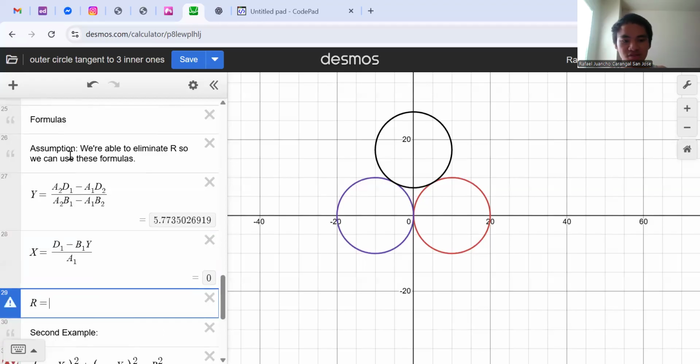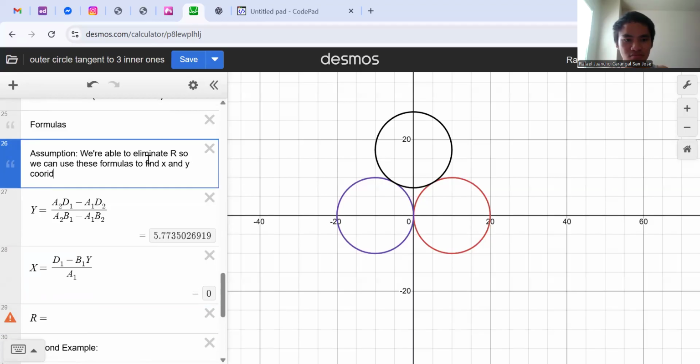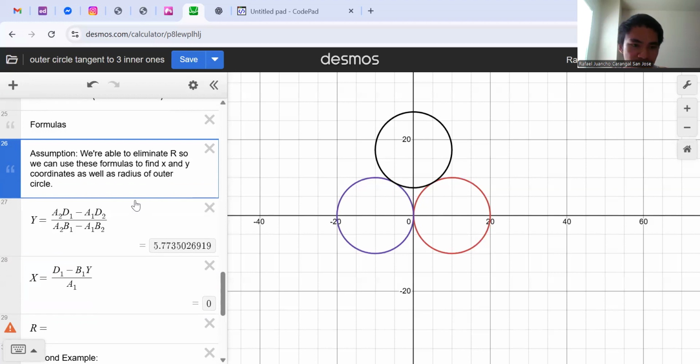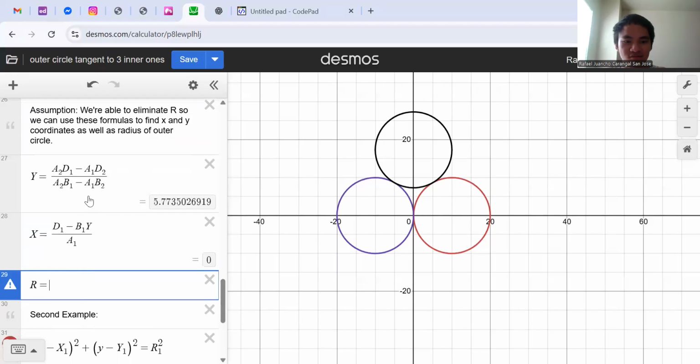So my R is the radius of the outer circle, right? So we're able to find these outer circle formulas because we've made the assumption that R has to be eliminated. Right? Because the last time we solved it in the previous video, we were able to eliminate R, so we can get these formulas.